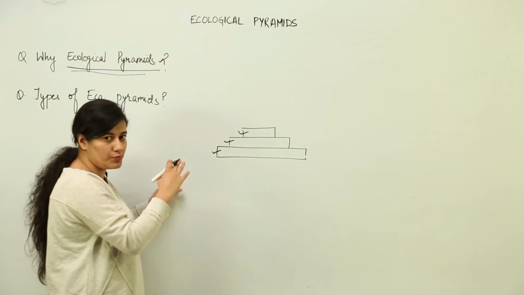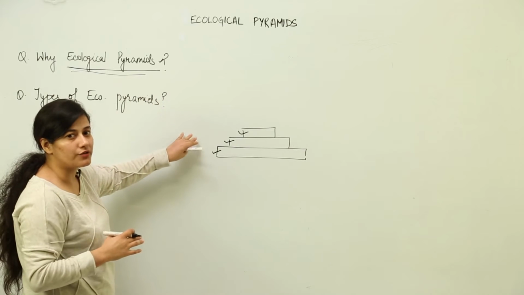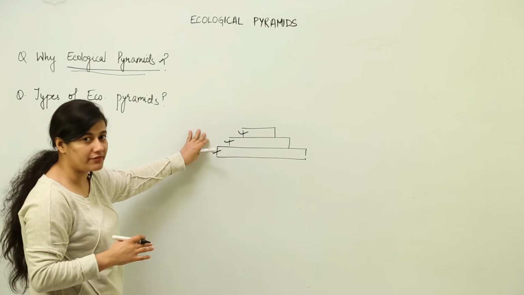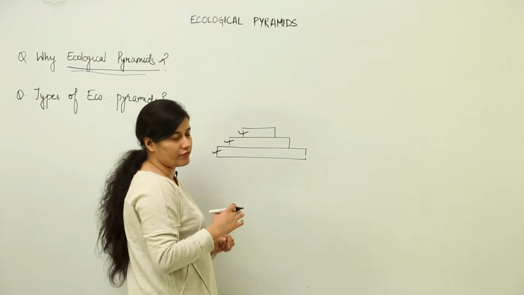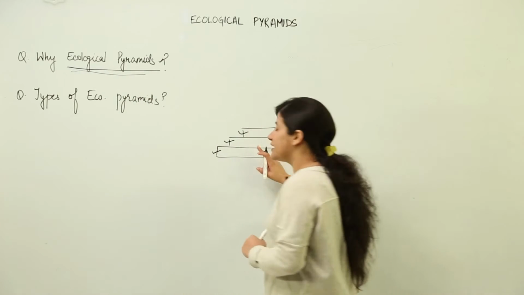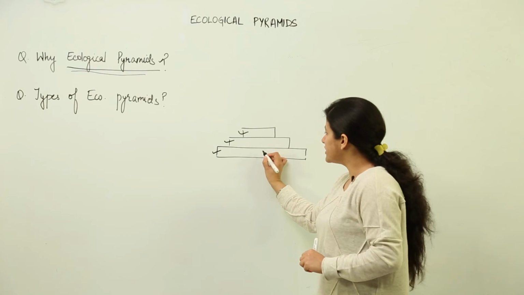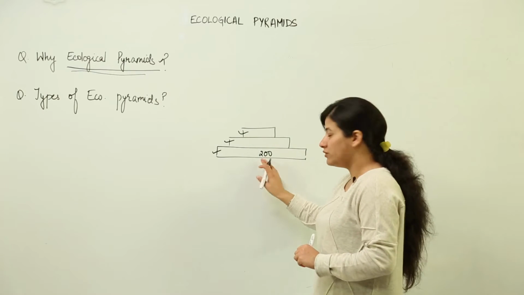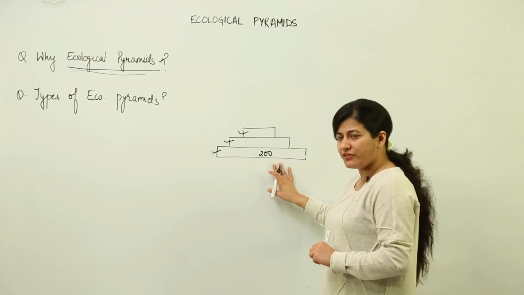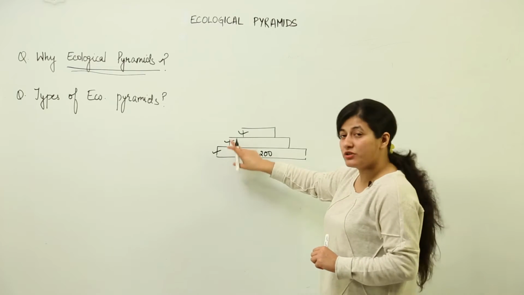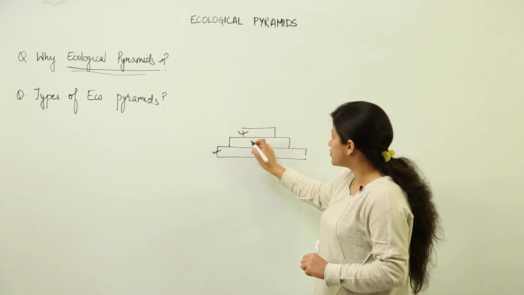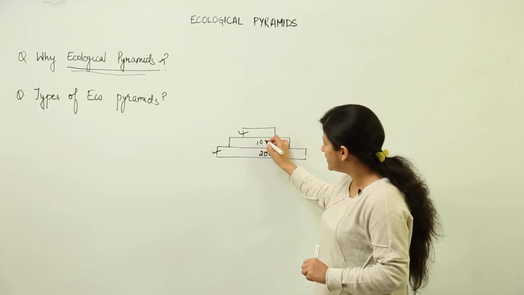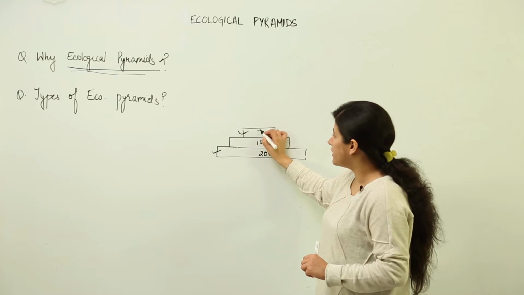So what is an ecological pyramid? It is the trophic level representation by drawing a comparison between each trophic level. Please understand that it is a comparison that is to be drawn. Supposedly I have 200 units over here, let it be any trophic level, then I would compare it with this and make the number in the next trophic level around 100, and over here there would be 70.